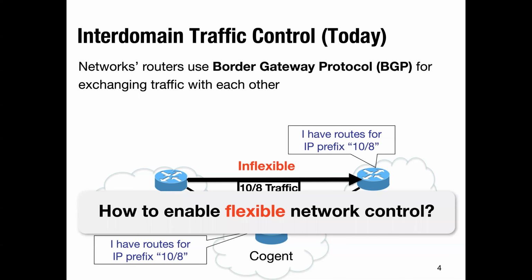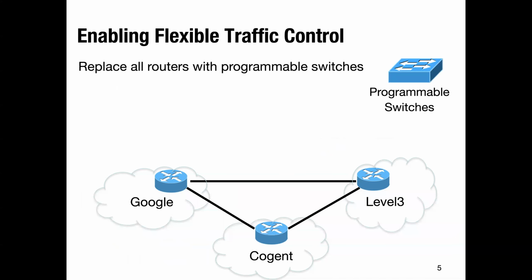Now I think it's not really a genius thing to think about. We have been learning about programmable switches in this class already. We know that programmable switches are more capable than the conventional routers that were already deployed at Cogent, Level 3 and Google. So why don't we just replace these routers with programmable switches, right?